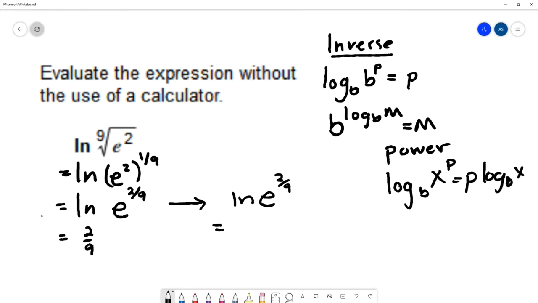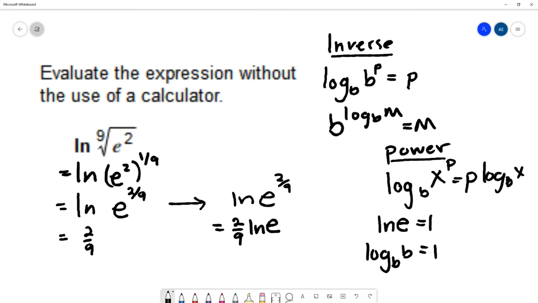So another option would be for us to apply that power rule. We get 2/9 natural log of e. And then we can try to simplify natural log of e. Now natural log of e is going to equal 1. This is another property: log base b of b is going to equal 1.